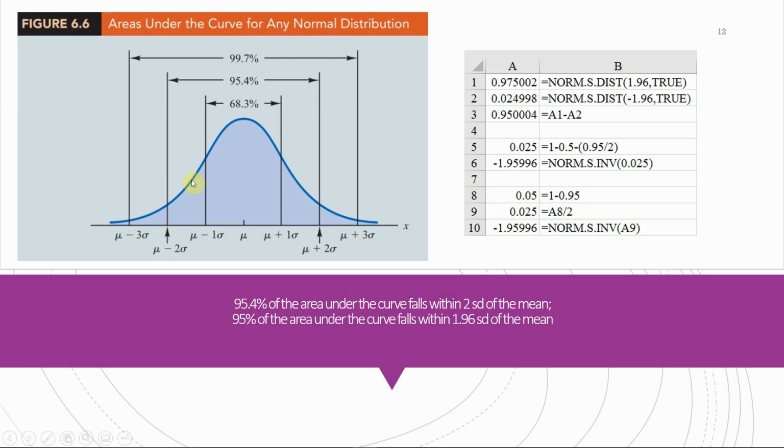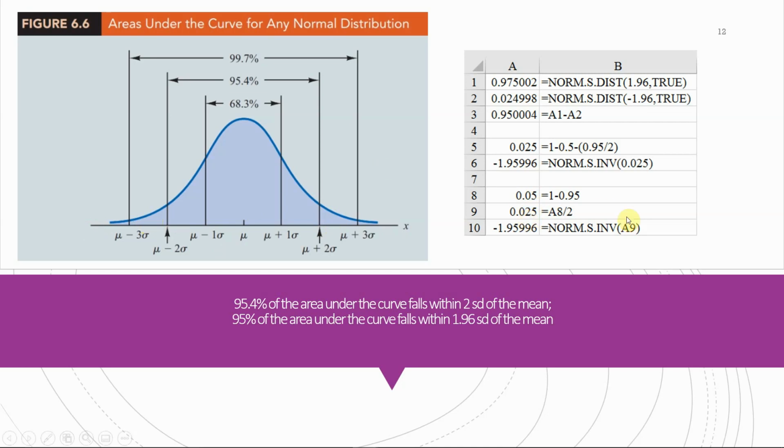But remember, that's all the area under the curve that's not in that shaded region we were looking at. So it's 5%, but because the distribution is symmetric, half of that is in this upper tail and half of it is in that lower tail. So if we take 0.05 and divide it by 2, we get 0.025.